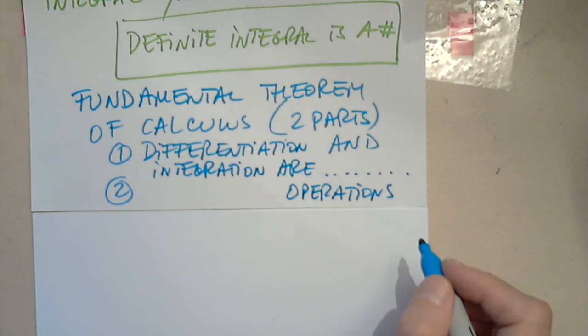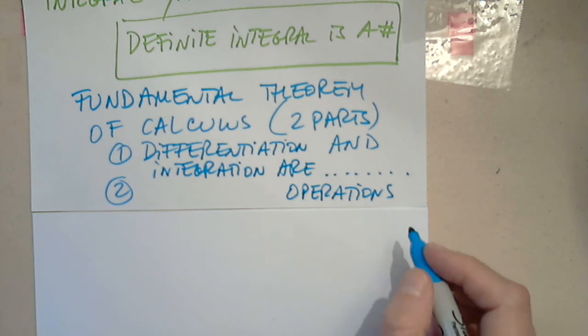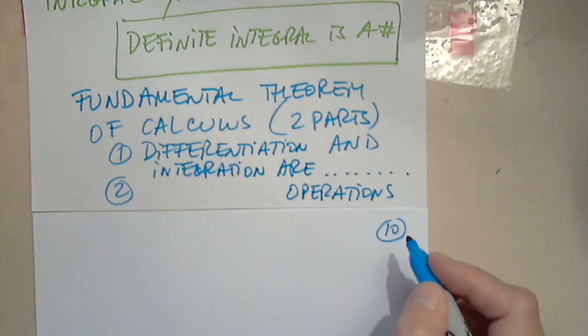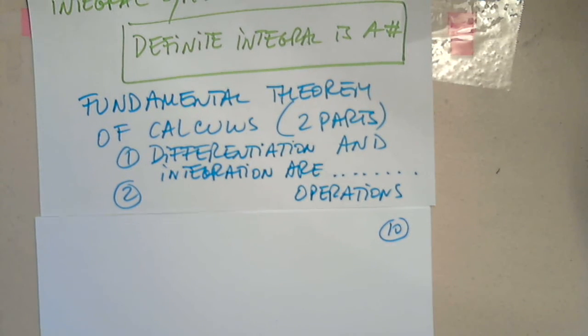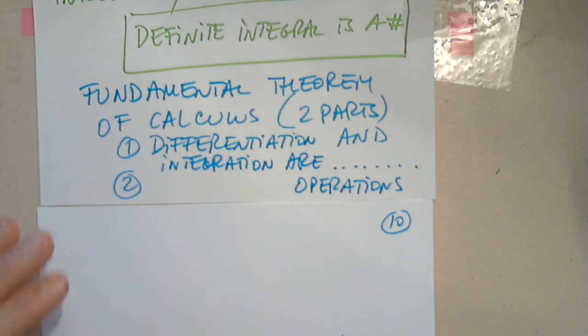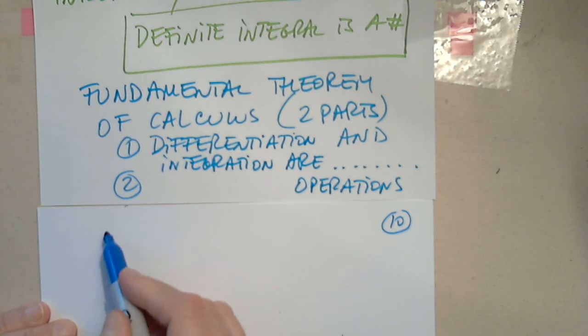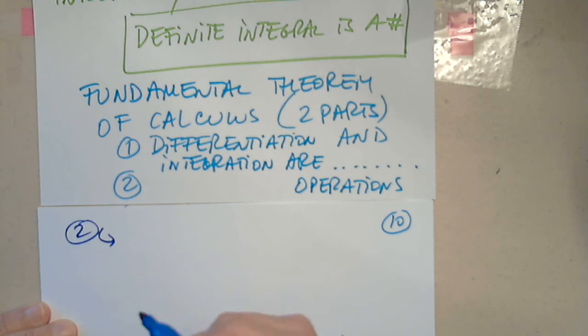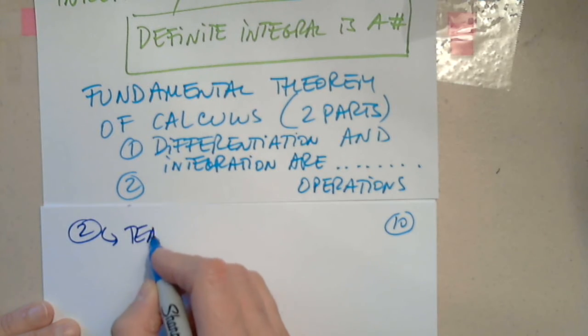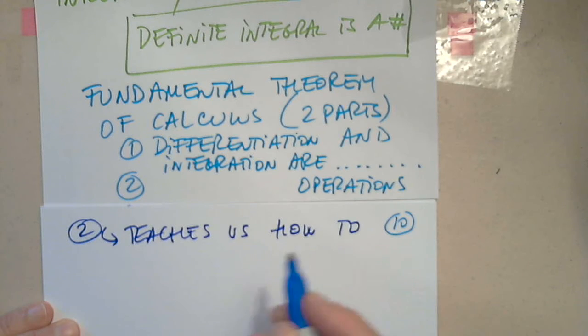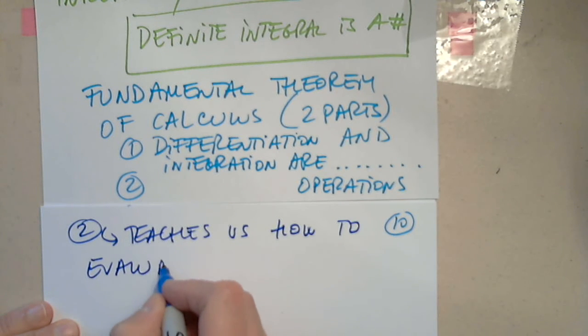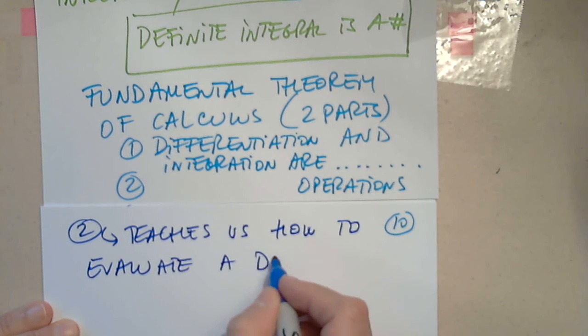And I want you to tell me what word am I missing there. Although we're not going to talk about this part right now. We're going to talk about the second part. The second part teaches us how to evaluate a definite integral.